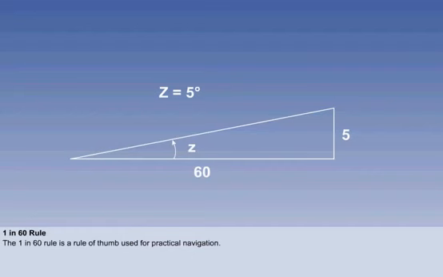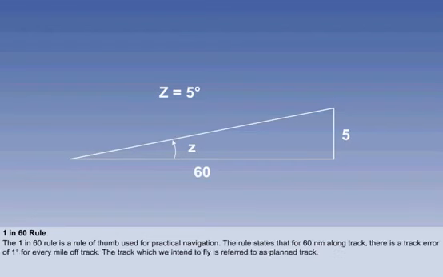Likewise, if the line was actually 60 miles long and the perpendicular was 5 miles long, the angle would still be 5 degrees. This phenomenon of 1 degree for every 1 mile over 60 miles is known as the 1 in 60 rule and can be adapted to keeping an aircraft on the planned track.